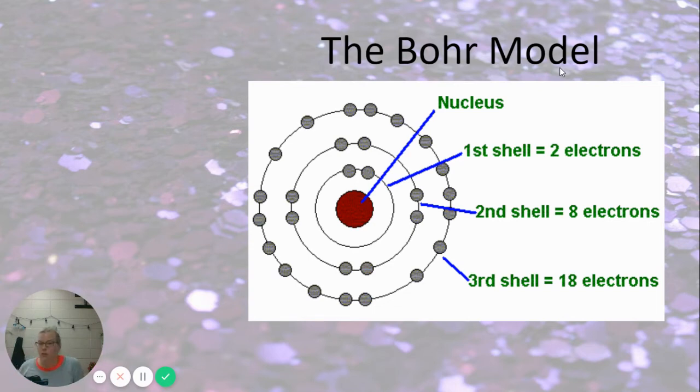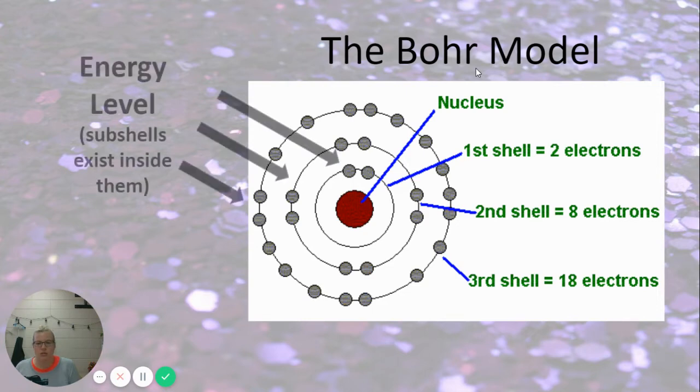Now, the reason we teach you that is because atoms aren't anything that we can actually see, and this gives us a nice, simple model. But the reality is that things are a little bit more complicated underneath the surface. Each of these shells is technically called an energy level for an atom.